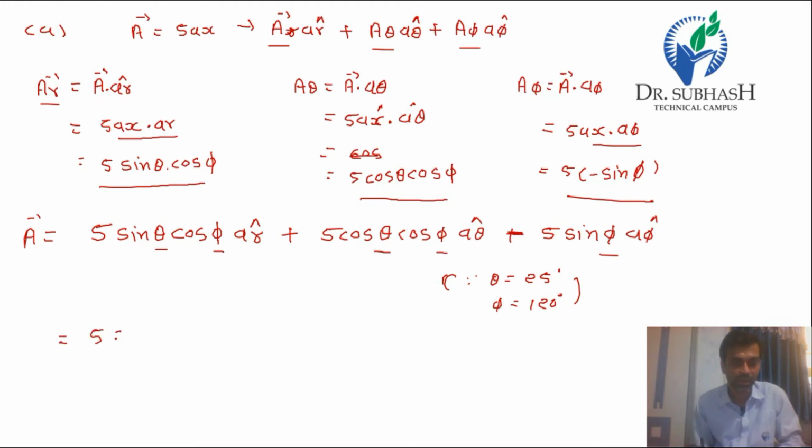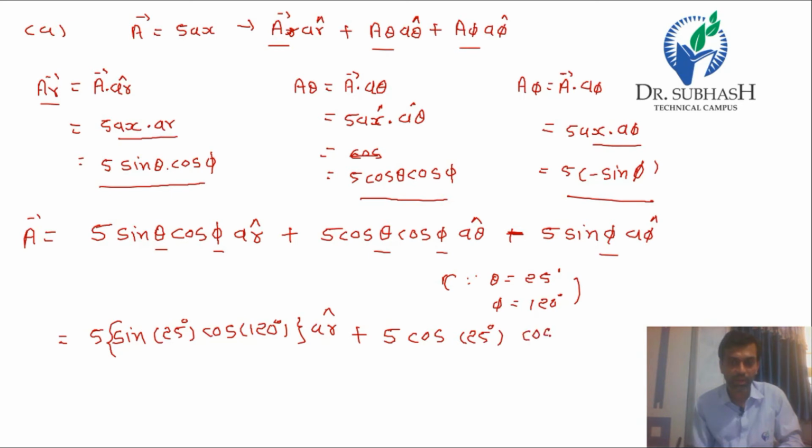We get phi sin 25 degrees cos 120 degrees in AR direction plus phi cos 25 degrees cos 120 degrees in A theta direction minus phi sin 120 degrees in A phi direction.